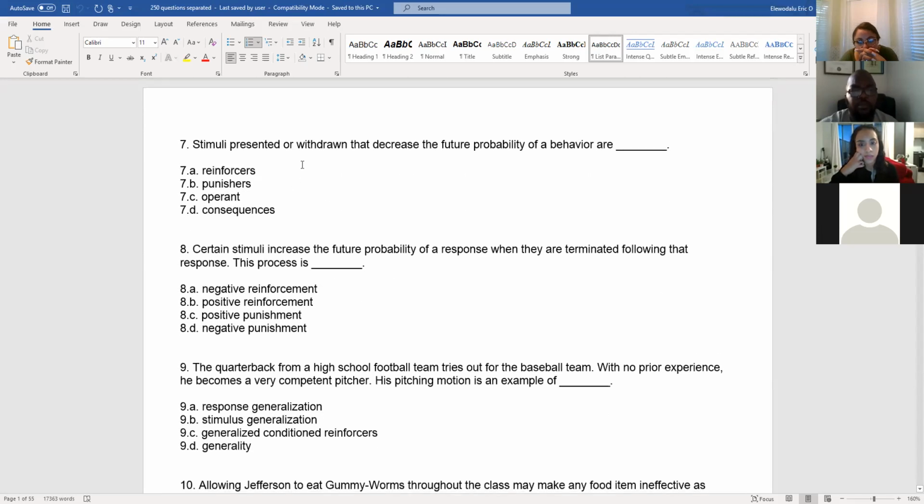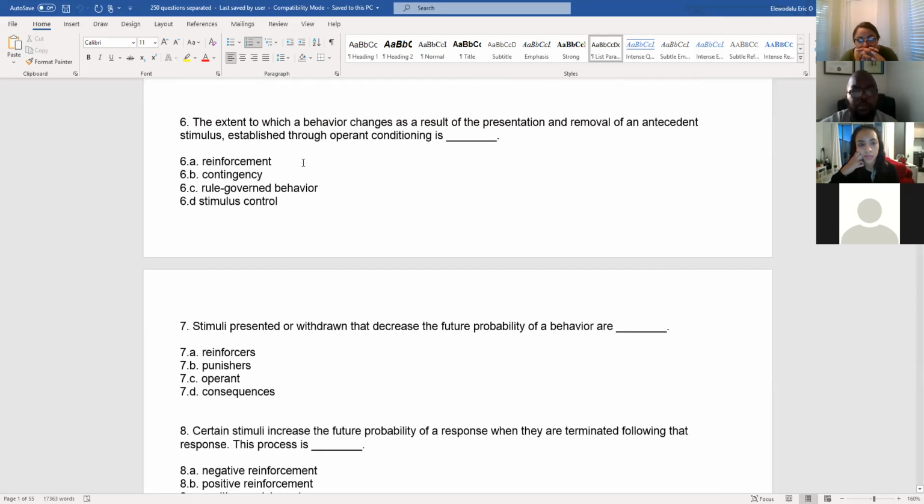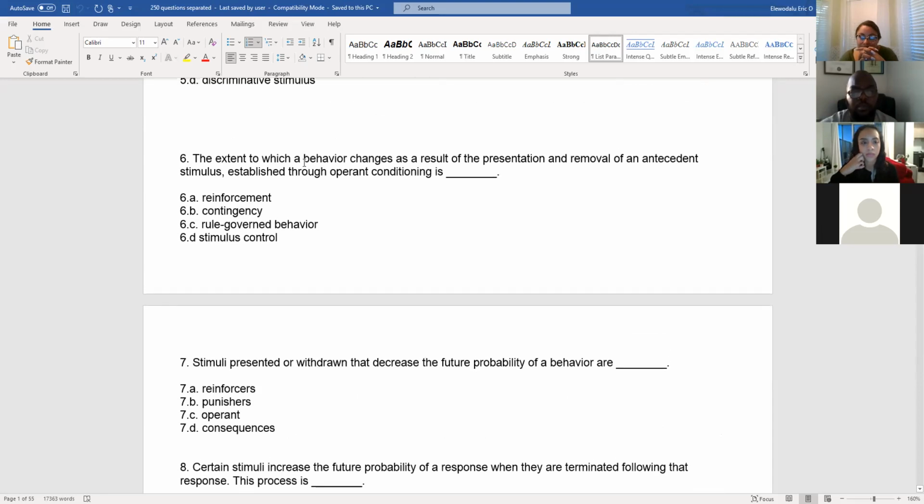So what would be the difference of contingency versus stimulus control? Isn't having a contingency that behavior is contingent on a certain stimulus?